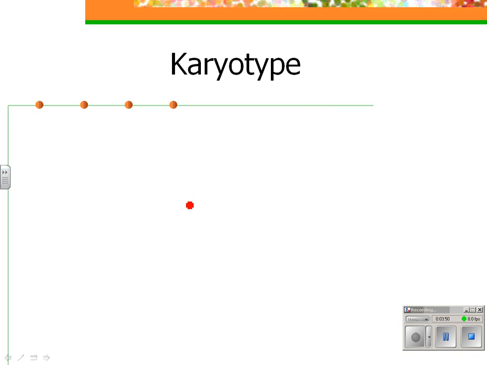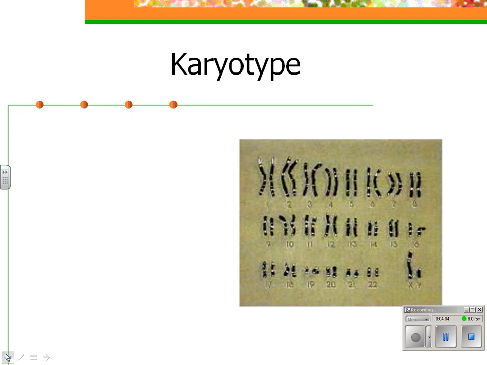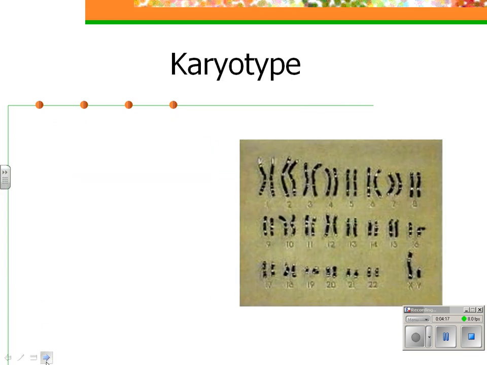Term karyotype. A karyotype is a picture of all of the chromosomes of an organism, and they've been lined up. To do a karyotype, you take all those chromosomes. If I go back to that slide we just showed you a minute ago, we would take all these and we literally take a piece of paper and cut them out and paste them together with their partners.